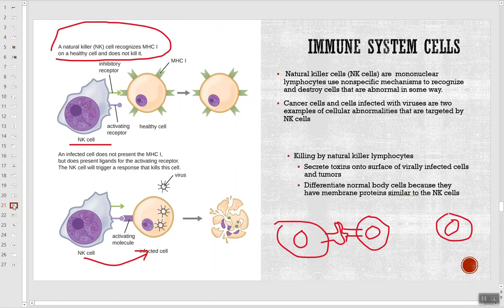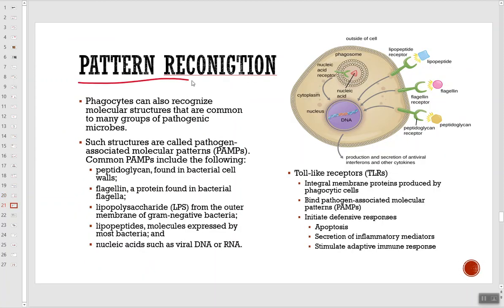Pattern recognition. They used to call this the non-specific immune system, but the truth of the matter is they are specific for certain things, but the adaptive immune system is highly specific for one single part of one single organism or virus.